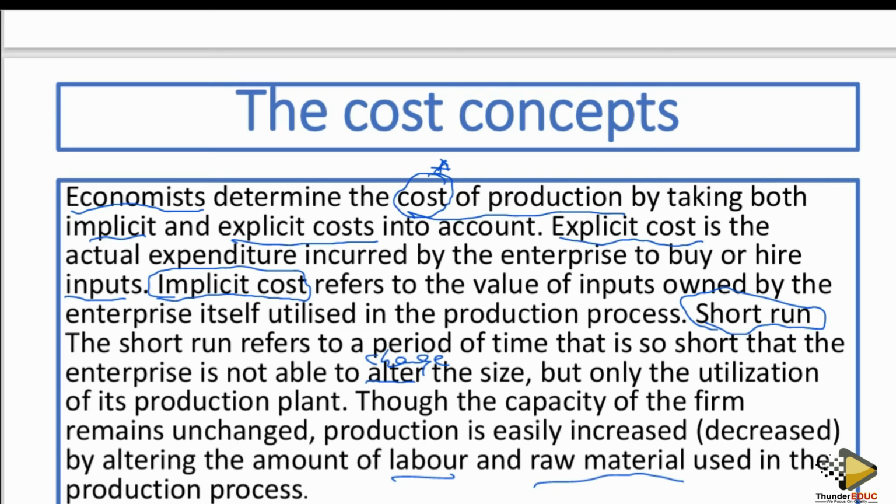But we can change from having unskilled labor: if you have semi-skilled labor, you can add more skilled labor; if you have unskilled labor, you have to add semi-skilled or skilled labor. So that's what you can play around with. But you can't easily play around with the remuneration for this labor.